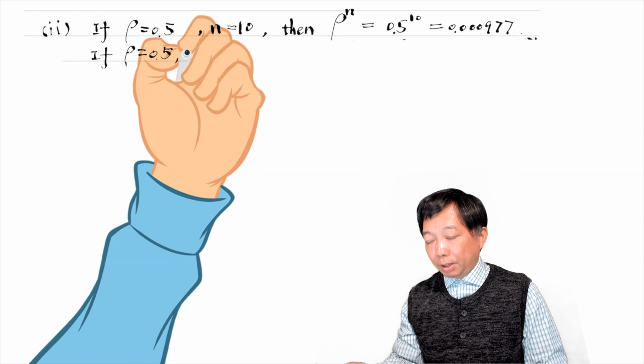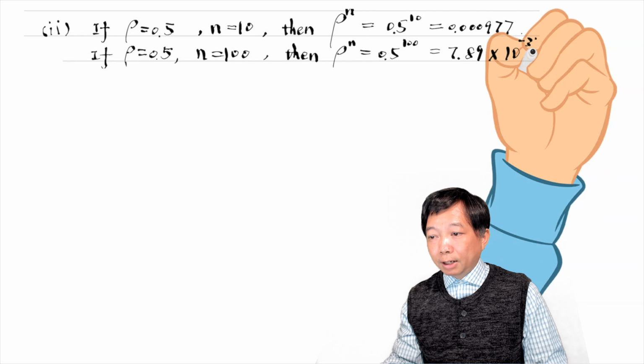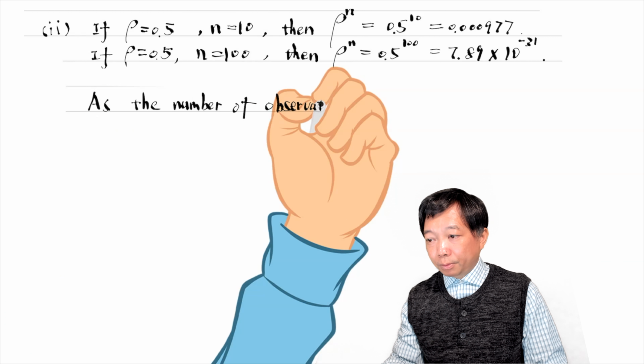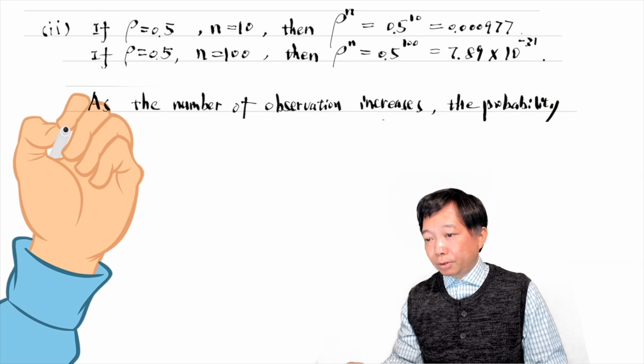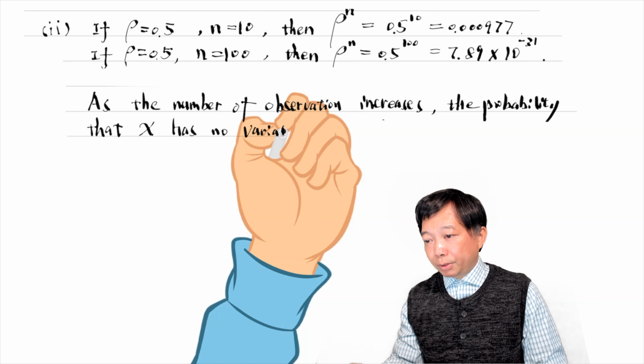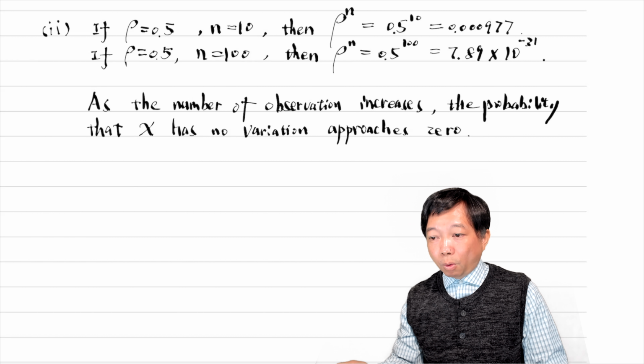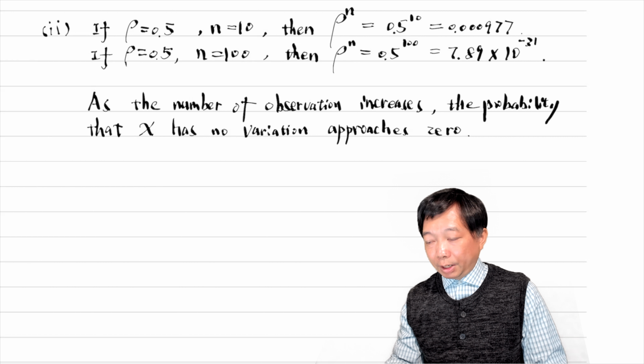When n is 100, it is tiny, which is 7.89 times 10 to the power minus 31. As the number of observations increases, the probability that x has no variation approaches 0. In other words, the likelihood that all observations are in the treatment group or all of them are in the control group is 0.